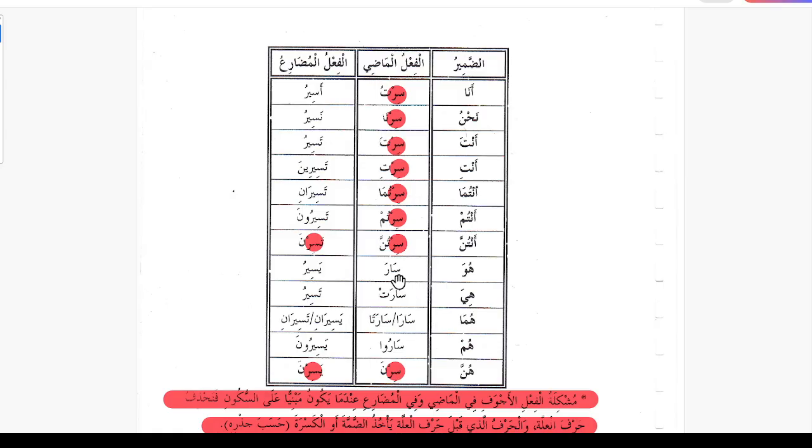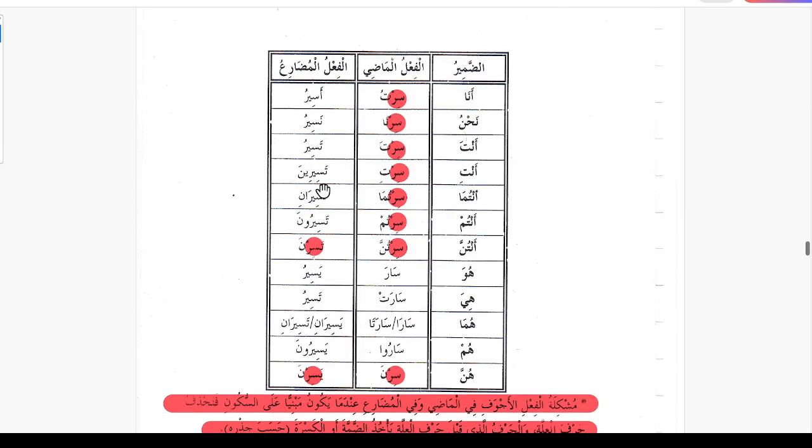And for the present tense: huwa yasiru, huma yasirani, hum yasiruna, hiya tasiru, huma tasirani, hunna yasirna, anta tasiru, antuma tasirani, antum tasiruna, anti tasirina, antuma tasirani, antunna tasirna, ana asiru, nahnu nasiru.